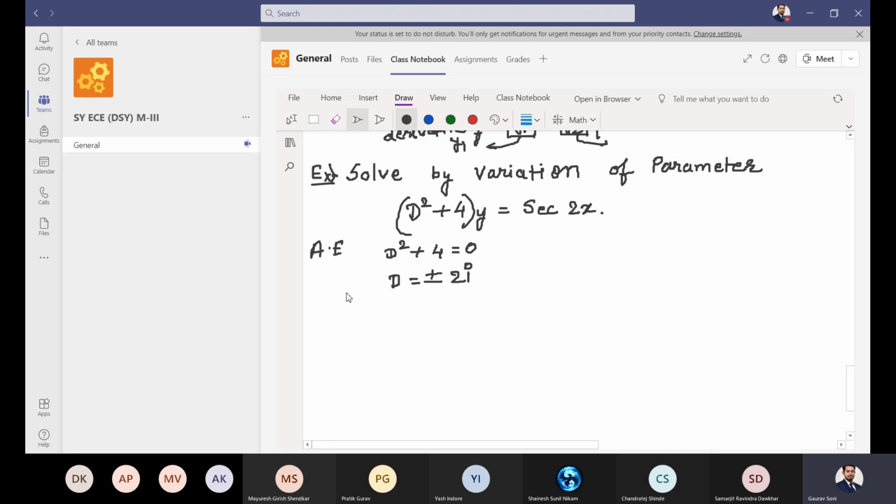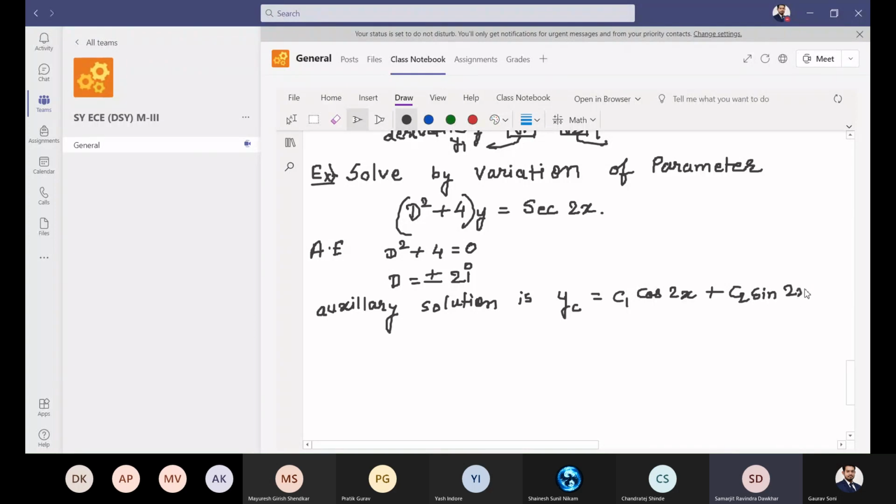Depending on this root, the auxiliary solution yc is equal to C1 cos 2x plus C2 sin 2x, since e to the power ax, with a equal to 0, is e to the power 0, which is 1. So I've got the auxiliary solution.